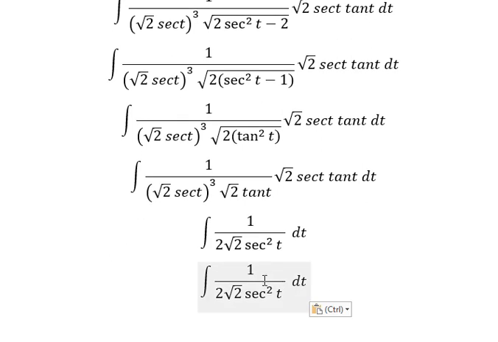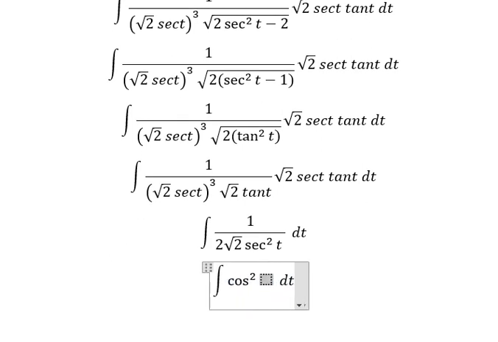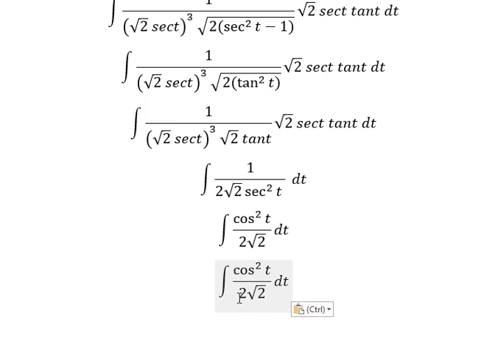This one that is about cosine t square over number 2 with the square root of number 2. So I will put this one go outside.